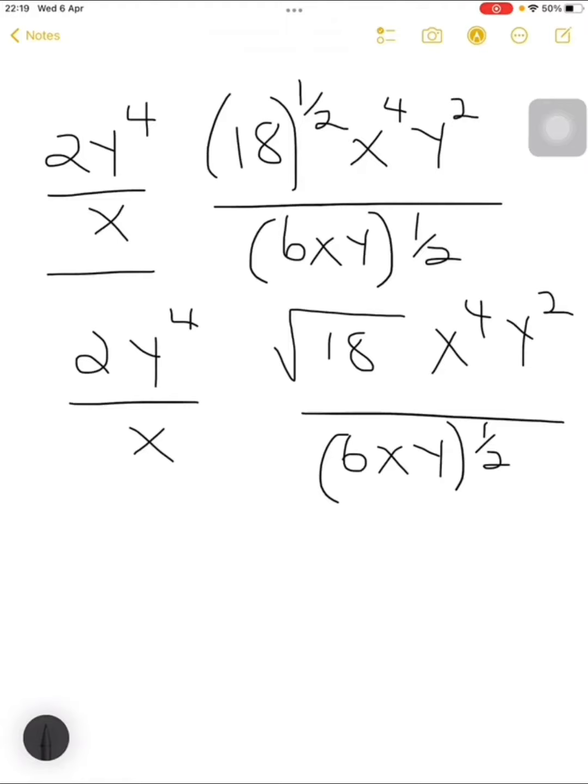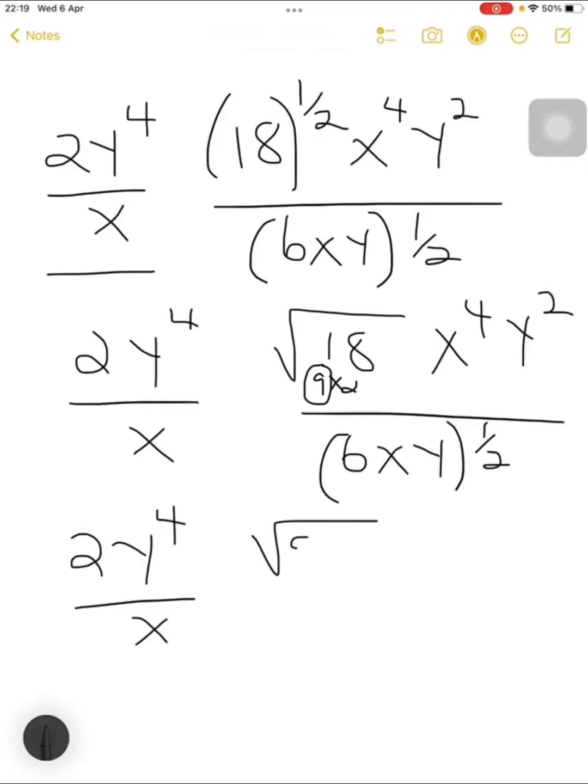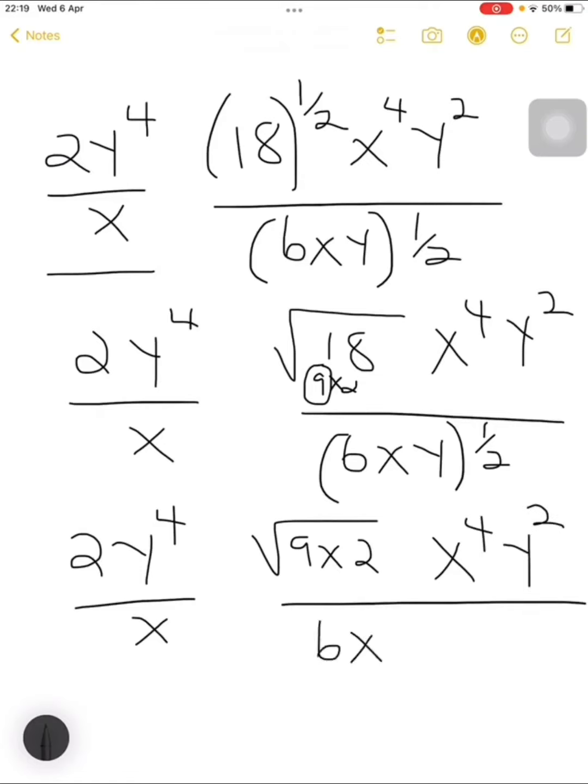And this 18, we can write as 9 multiplied by 2, and we know the square root of 9 is 3, at least to simplify that part. So this is the same as 2 y power 4 all over x, and then the square root of 9 multiplied by 2, x power 4 y power 2 all over 6xy and then power half.